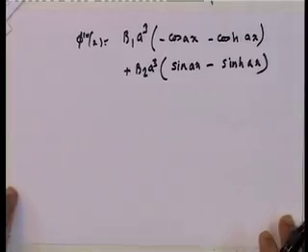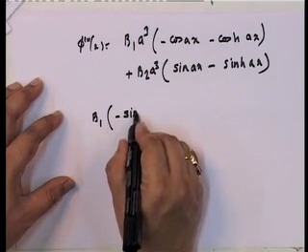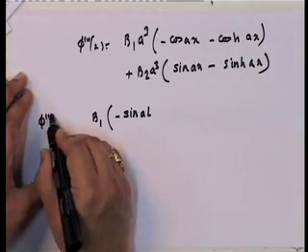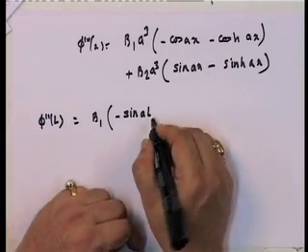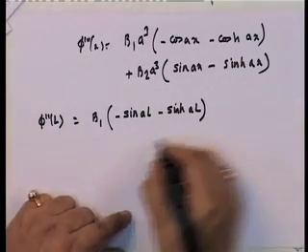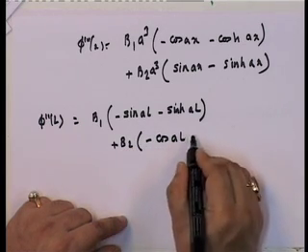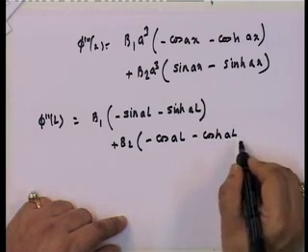Okay? So having done that, what do we get? Substituting phi double prime at L, the A squared I can neglect, because A squared is in both of them. So what I ultimately get is B1 into minus sine AL minus sine hyperbolic AL, plus B2 into minus cosine AL minus cosine hyperbolic AL.